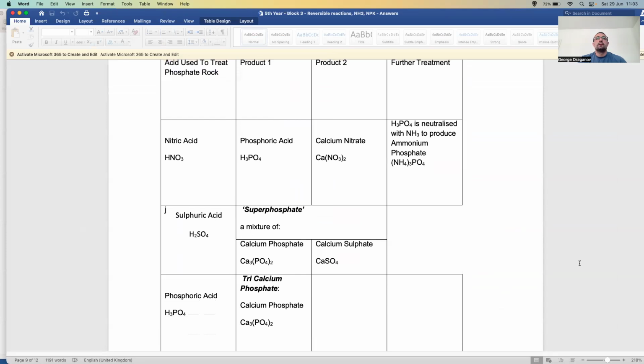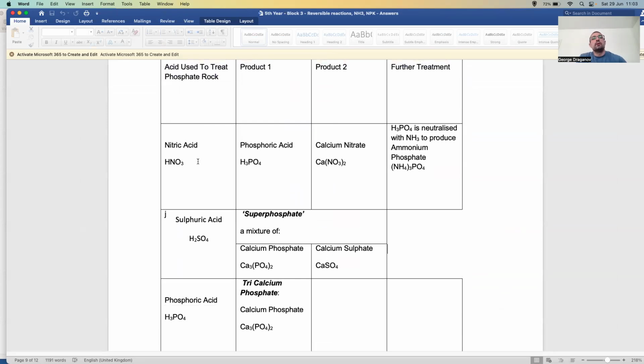So if we start again, this is the rock being treated with each acid. So with nitric acid, it makes calcium nitrate and phosphoric acid. Then you could even take your phosphoric acid and react it with ammonia to make ammonium phosphate. Then that'll be a nice fertilizer that contains nitrogen and phosphorus. Now, with sulfuric acid, the phosphate rock makes calcium phosphate and calcium sulfate, called a superphosphate, because of this Ca3.